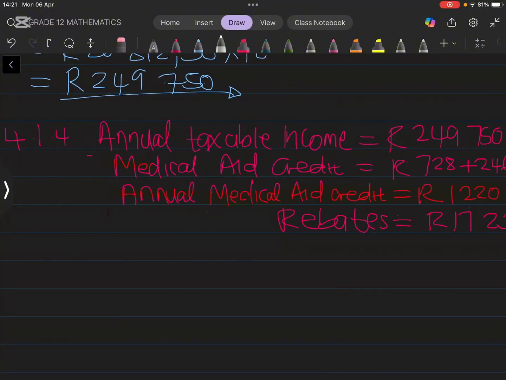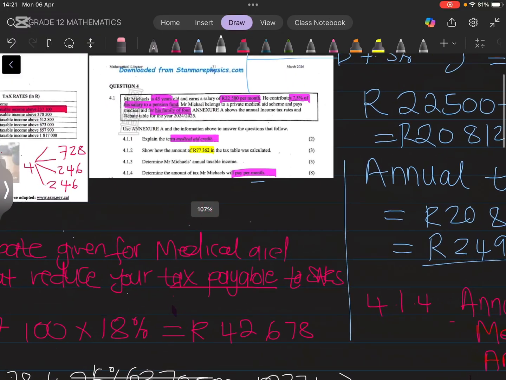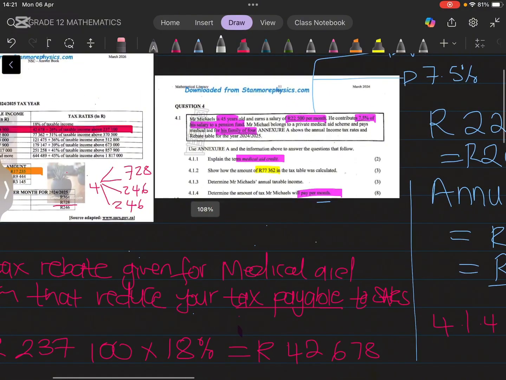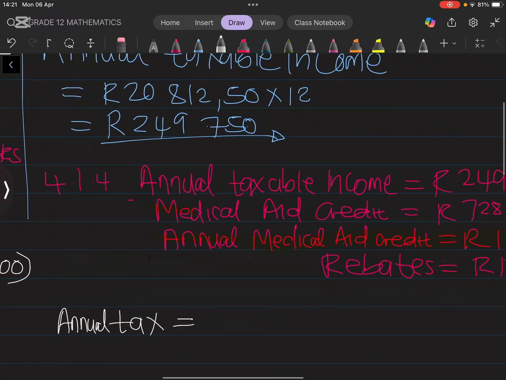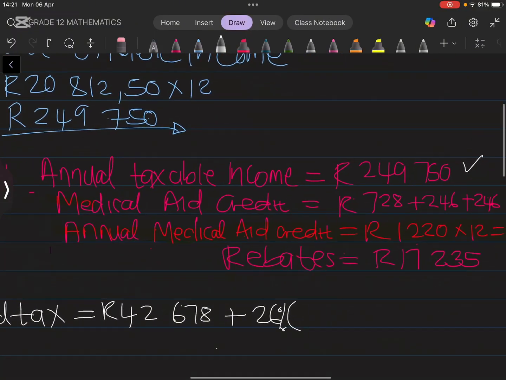So we have annual tax. You go back to your bracket, and that gives us 42,678 plus 26%.